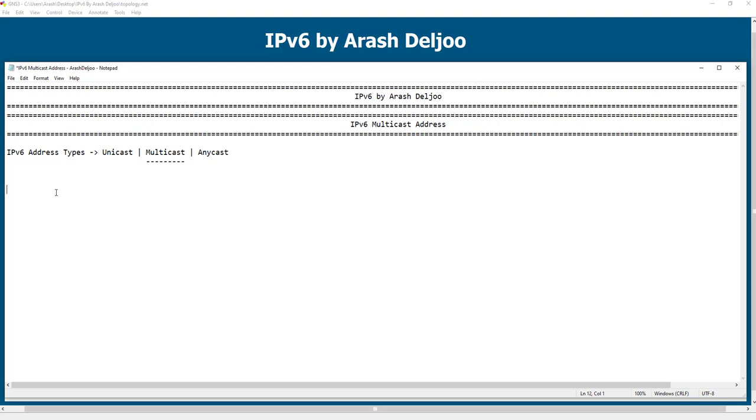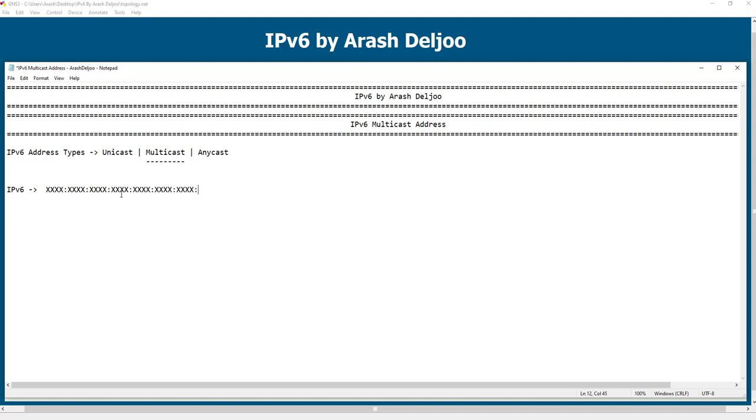Look at here. In IPv6, all multicast addresses should start with FF. Okay, you know that in IPv6 we have 32 characters, and between every 4 characters, meaning for example 16 bits, we should use a colon.